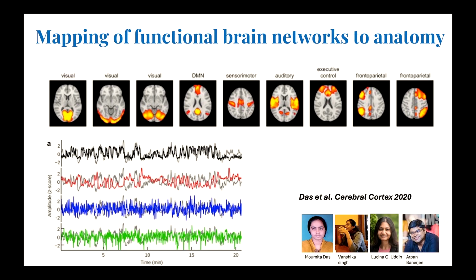There we can look at the visual areas or different sub areas of the visual areas, including the fusiform gyrus, which is important for face recognition, and the lateral occipital cortex for object recognition. We can look at default mode networks, which is implicated in self related processing. We can get auditory networks, which Arpan was talking about in his talk.